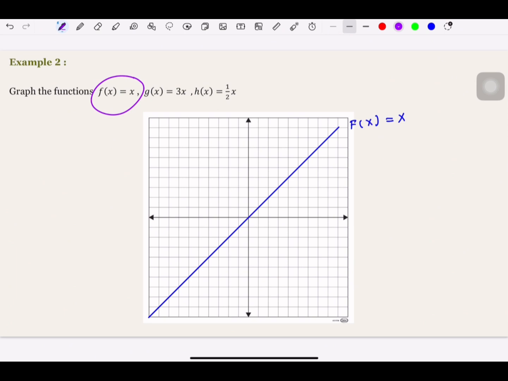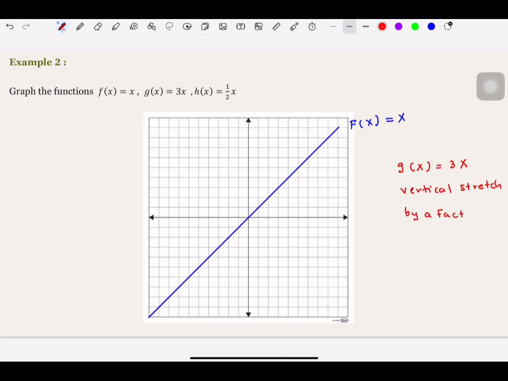Now let's apply some vertical transformations. Let's take g of x as 3 multiplied by x. Here we are multiplying f of x by a constant 3. Since 3 is greater than 1, this is a vertical stretch. Let me write this. The vertical stretch is by a factor of absolute value 3.